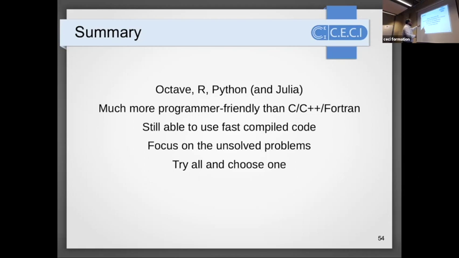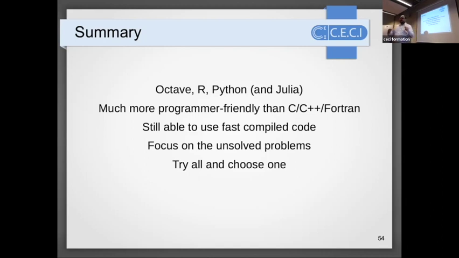They are much more programmer friendly than C++, Fortran, and so on, because you don't have to think about the memory, and for instance, if you want to compare two dates, there's a package or a library that does date manipulation, so you don't have to think about how to compute the number of days between two dates. It's all batteries included. You are still able to use fast compiled code.